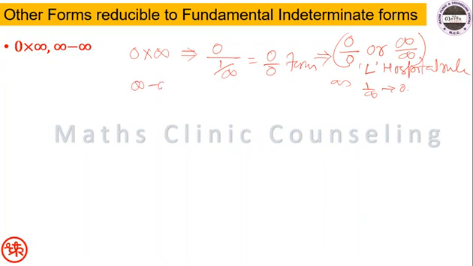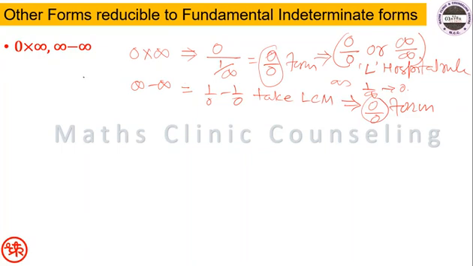Now infinity minus infinity can be written as 1 by 0 minus 1 by 0. Take LCM, and you will get a 0 by 0 form. So in both cases we get 0 by 0 form. These both forms can be reduced to the 0 by 0 fundamental form.